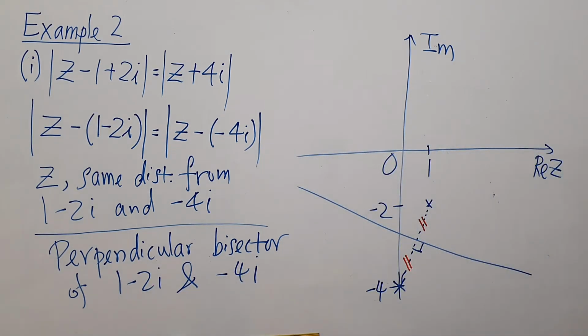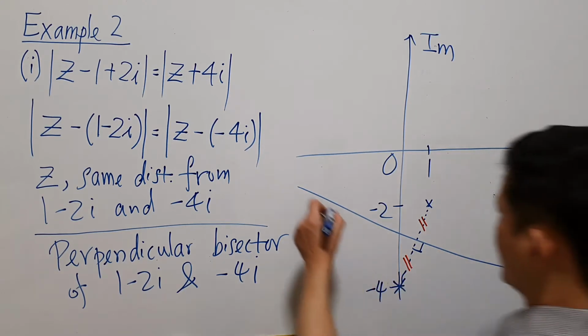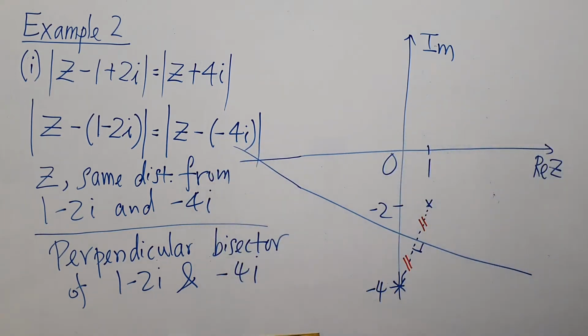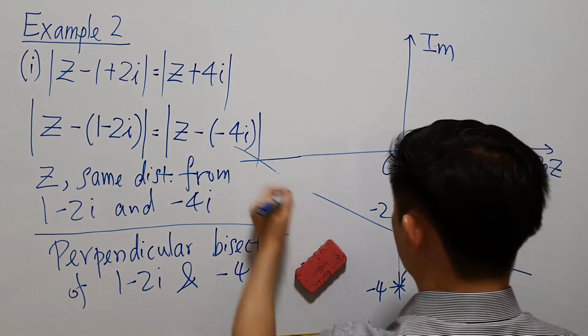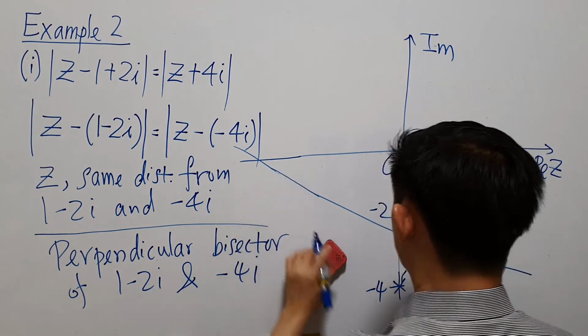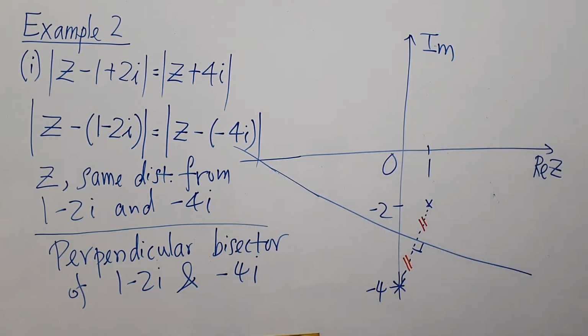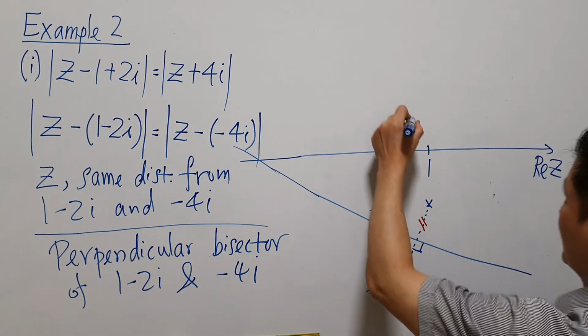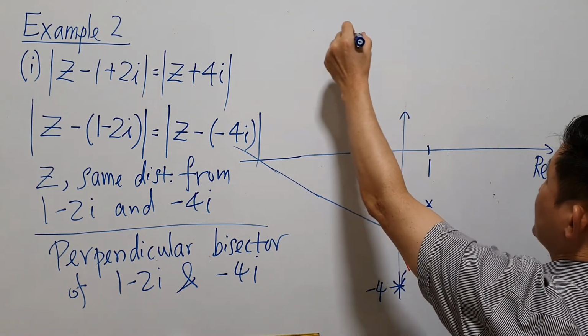In general, what kind of equation would result in a perpendicular bisector? In general, what kind of complex number condition or equation will result in a perpendicular bisector? Based on this example, you will write that the equation of this form, like this.